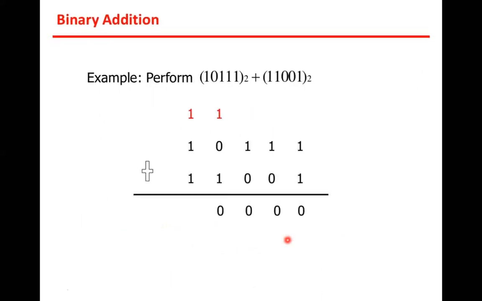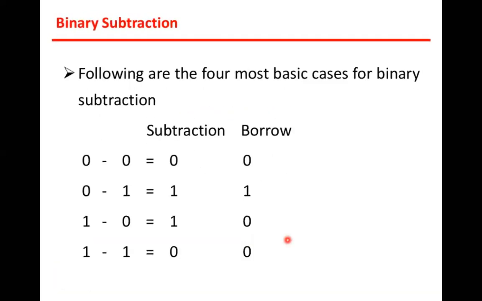So here also in the case of subtraction, 0 minus 1 is 1 only when you borrow 1 from the next higher column. Otherwise, if there is no 1 in the next higher column, then 0 minus 1 will be 0. Same rules of mathematics. 1 minus 0 is 1 and 1 minus 1 is 0.